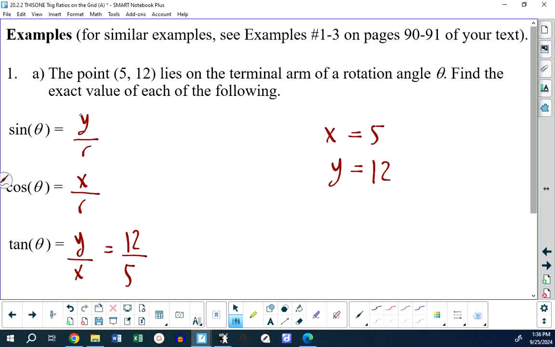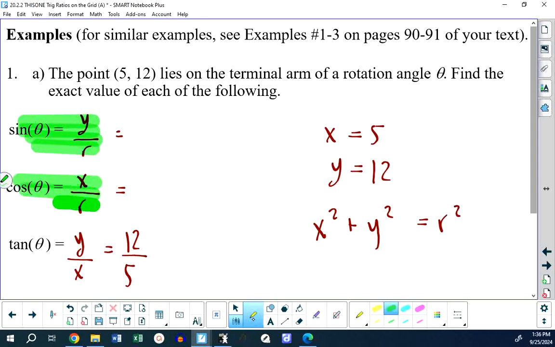Now, what is preventing us from finding the sine of the rotation angle and the cosine of the rotation angle? Well, we don't know r. But x squared plus y squared equals r squared. Let me explain something to you. This is the only Math 20-1 idea that we're using to answer this question.